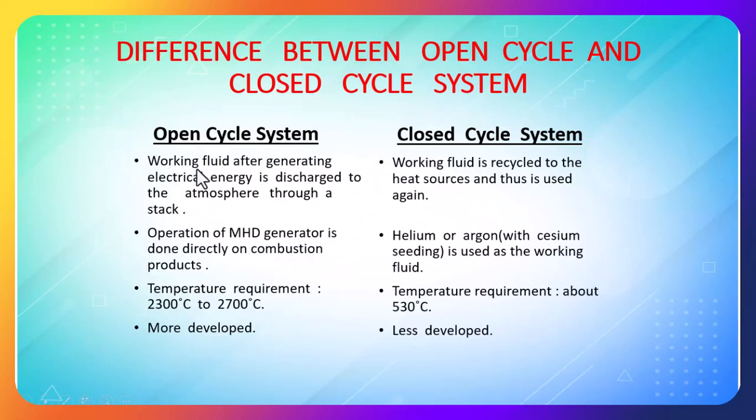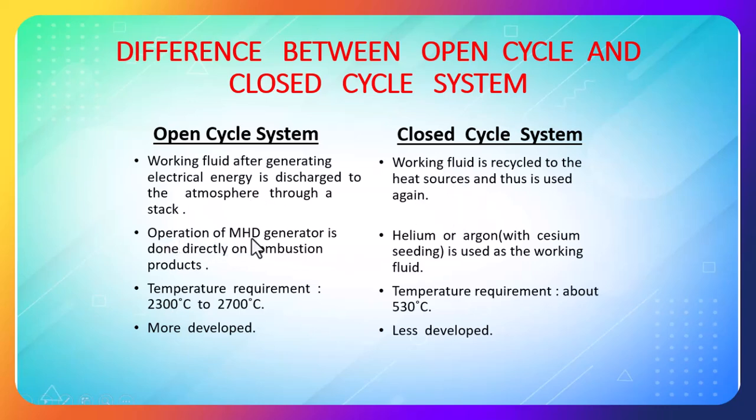In open loop, the working fluid after generating electrical energy is discharged to the atmosphere through a stack. So you are letting the air go out, whereas here the working fluid is recycled to the heat source, and thus it is used again and again. Why we want to use it again and again, we will see here.